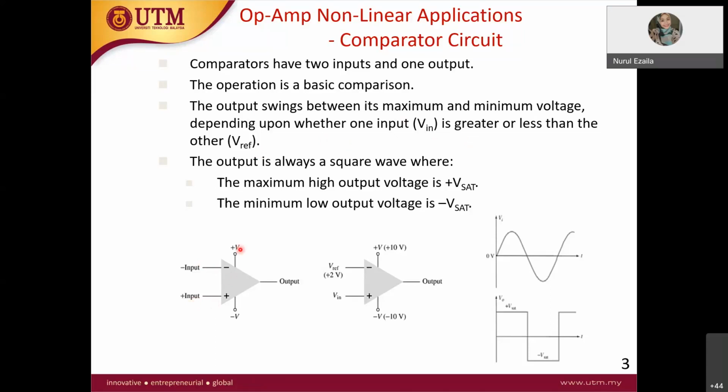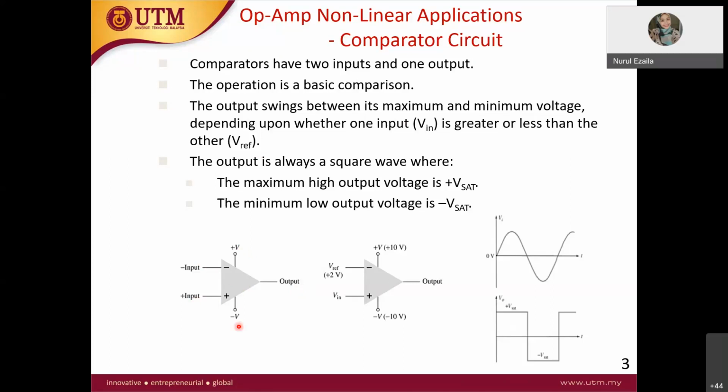This plus and minus is the voltage supply of the op-amp. This is the maximum voltage output that can be reached if the supply voltage is 15 and minus 15 volt.